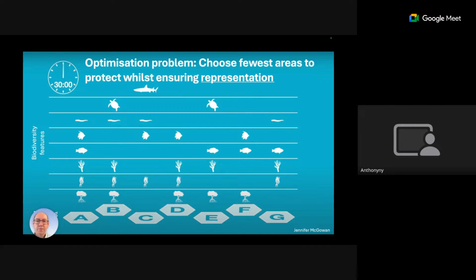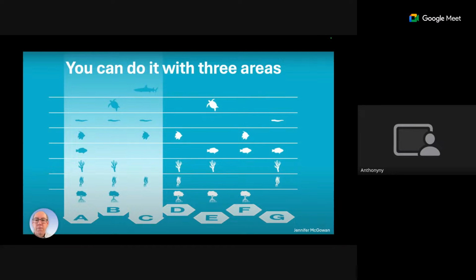Okay, how'd you go? So there's many different solutions, of course. Here's one, and maybe one of the first ones that you looked at. So here we can do it with 3 areas, can't we? A, B, and C, because then we get all the different types of biodiversity. But you can find a better solution than that.